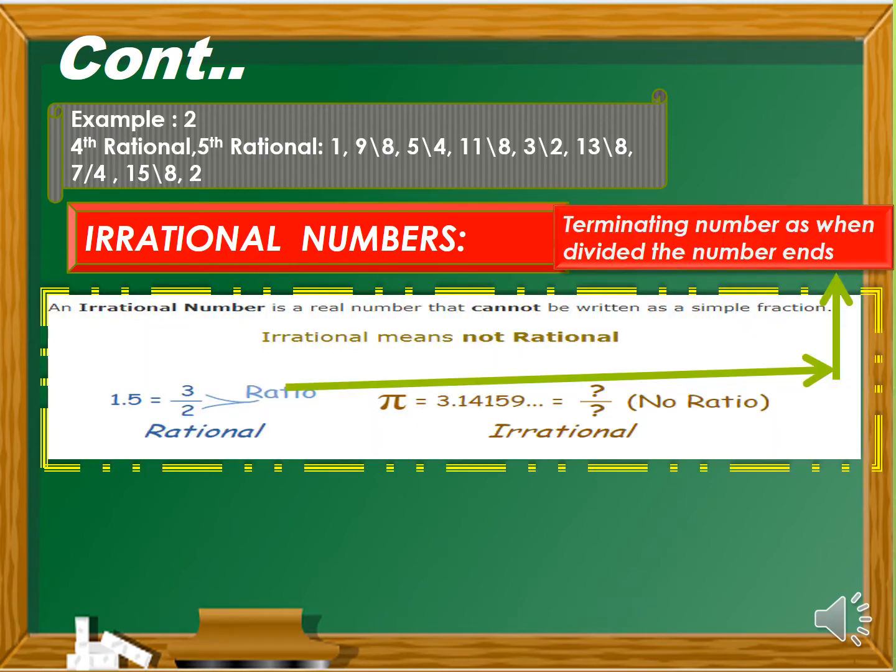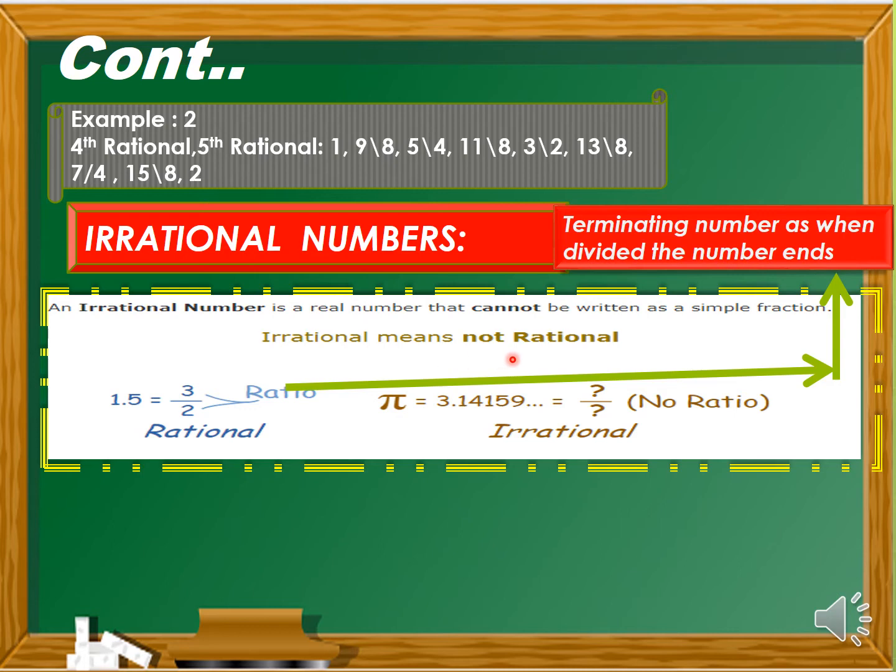So the next is the definition of irrational number. Here an irrational number is a real number. So what is a real number here? That we will come to know. Let's see about irrational numbers now, that cannot be written as a simple fraction. A simple fraction is like 1 by 3, 2 by 3, 2 by 4, etc. That is a simple fraction.